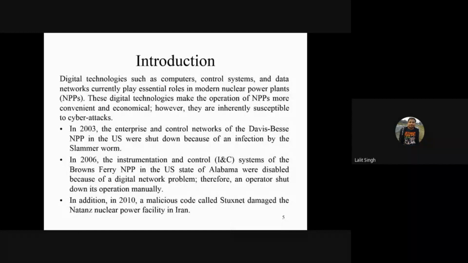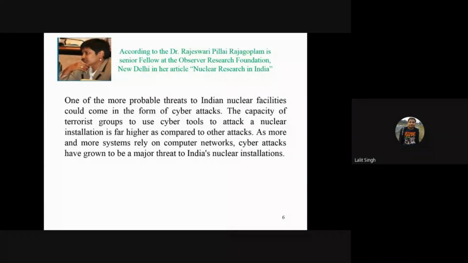And in 2010, a malicious code known as Stuxnet, a very popular virus, was found in the Siemens PLC. It damaged the Natanz nuclear facility in Iran. So these were some of the important accidents that have taken place because of cyber attacks.